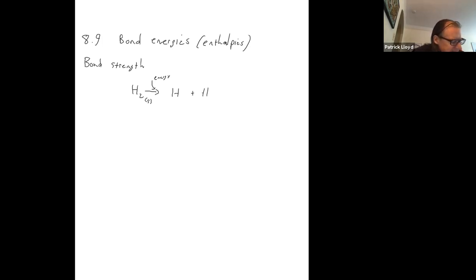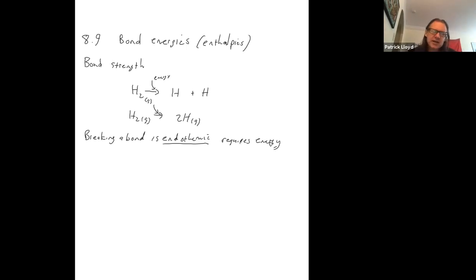Okay? So another way of writing this would be 2H, right? But it takes energy to break a bond. So breaking a bond is endothermic, right? It means it requires energy.